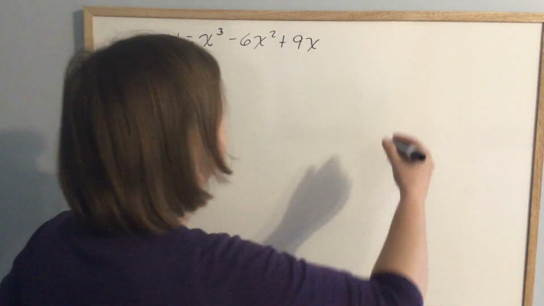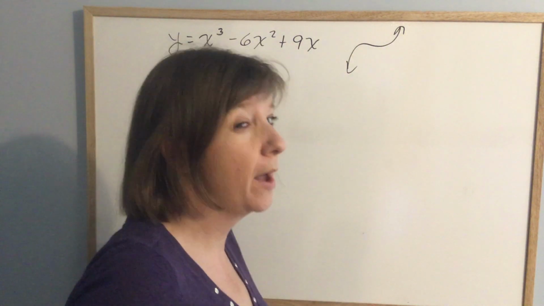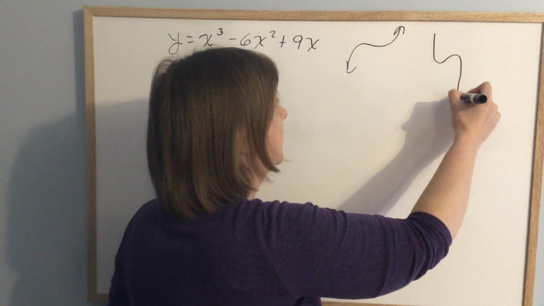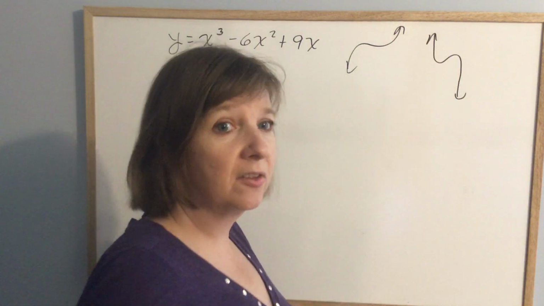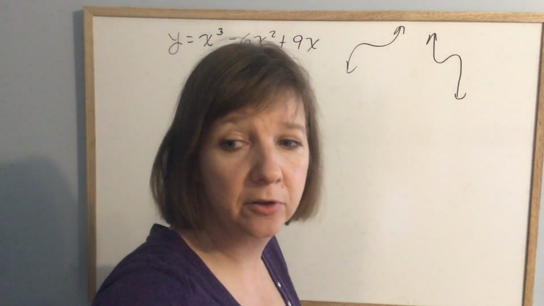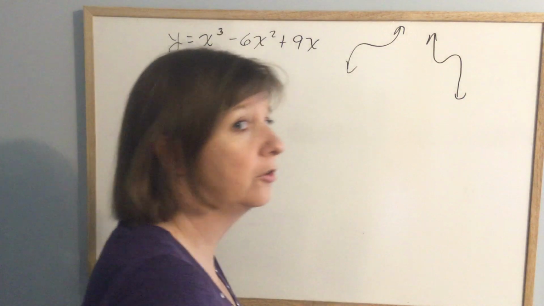Because it's an x cubed graph, I know it's got to look something like this. It could be going the other way, but an x cubed graph always has that kind of wave shape to it. That's just what an x cubed graph looks like.